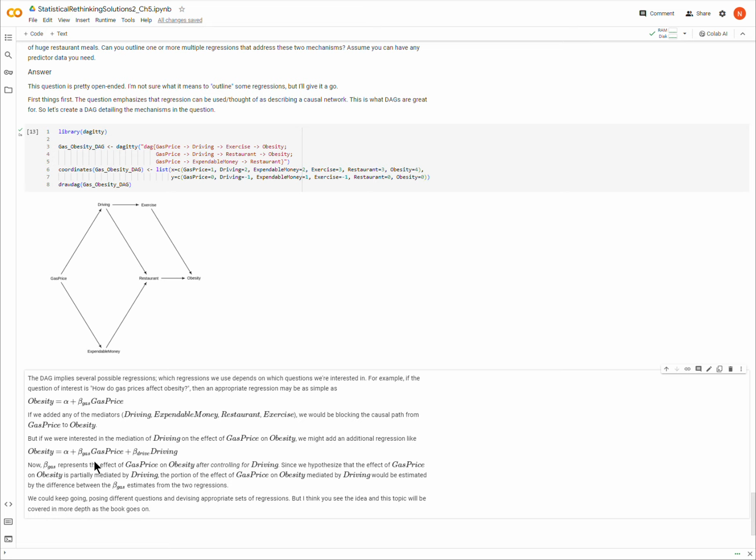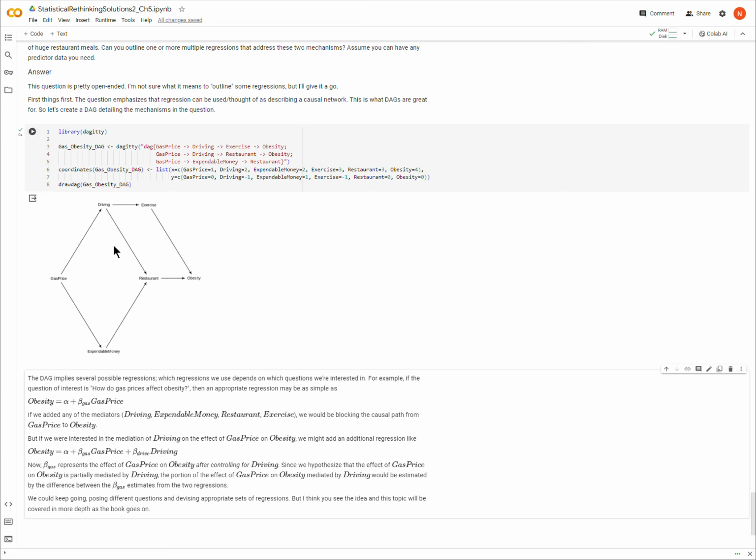Okay, and so now the beta gas coefficient, whereas in the first regression was the effect of gas prices on obesity, now has a slightly different interpretation here, which is the effect of gas prices on obesity after controlling for driving. Okay?